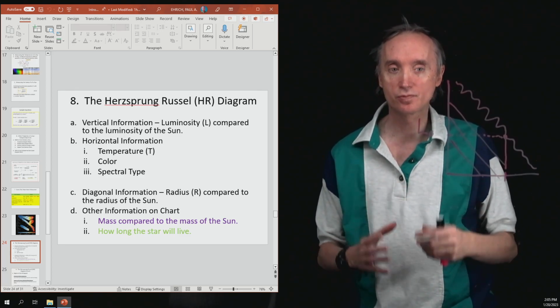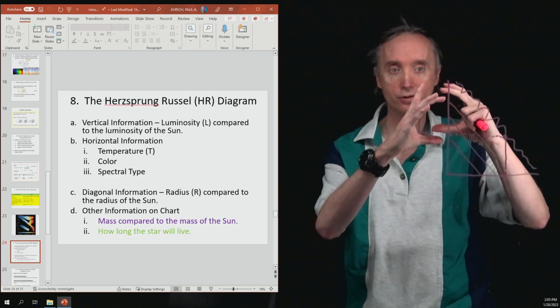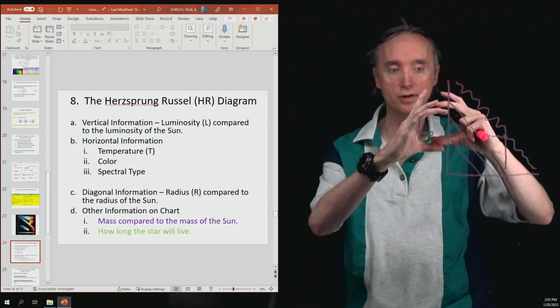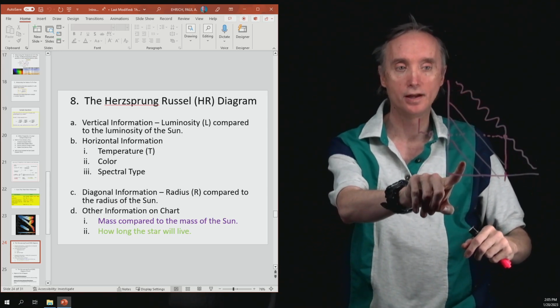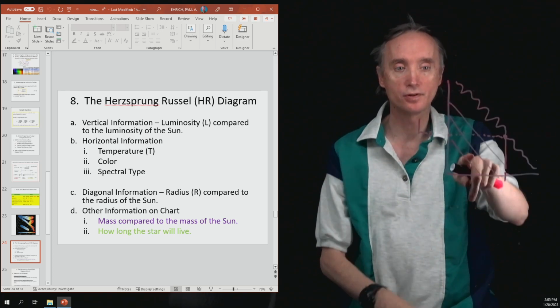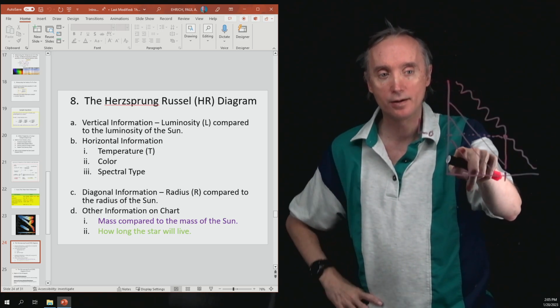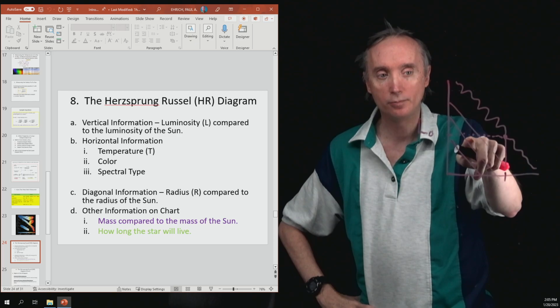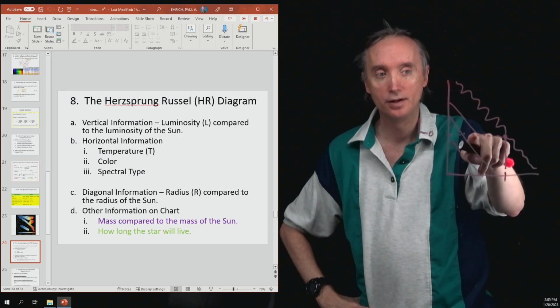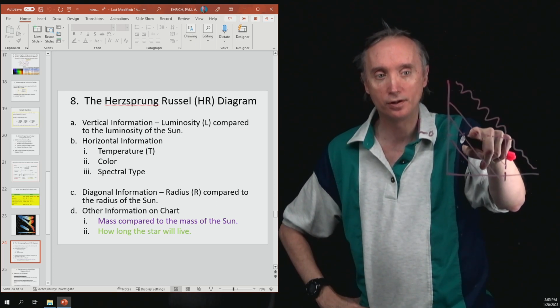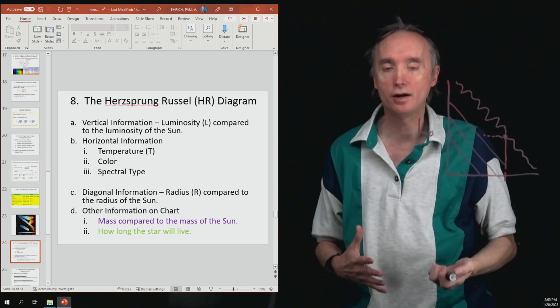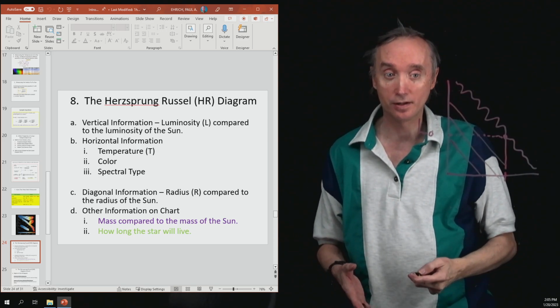The small diameter stars are down at the bottom, and as we go up, this would be a small diameter star, this one would be a bigger diameter star, and this one would be bigger still, in terms of the radius of the sun.